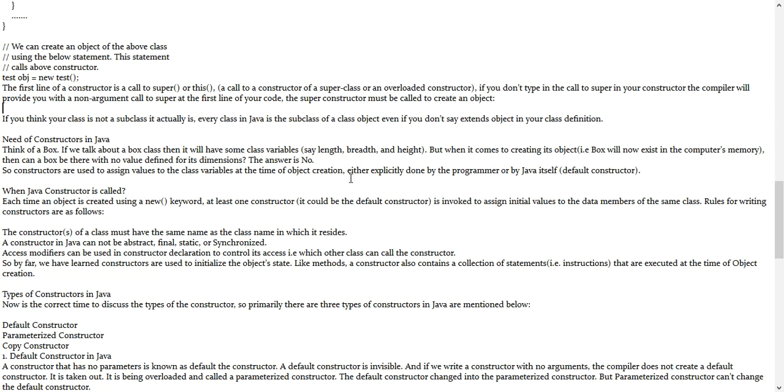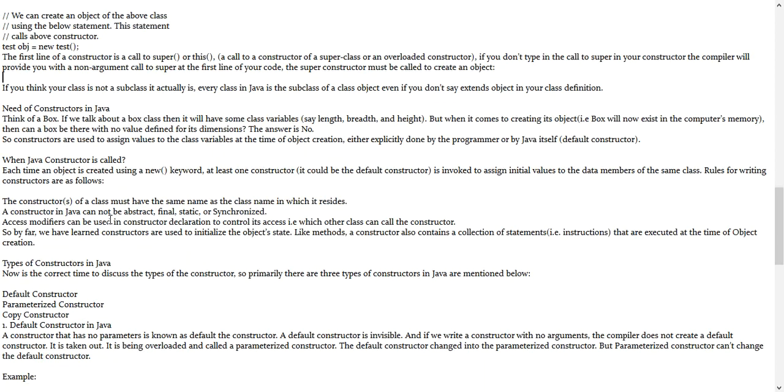The answer is no. So constructors are used to assign values to the class variables at the time of object creation, either explicitly by the programmer or by itself. Each time an object is created using the new keyword, at least one constructor is invoked to assign initial values to the data members of the class.